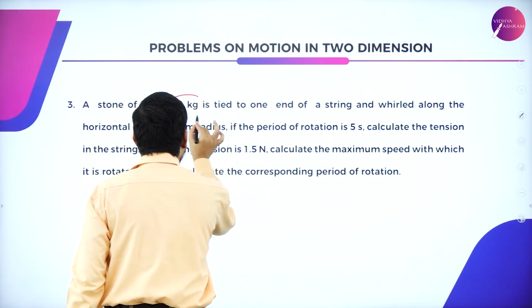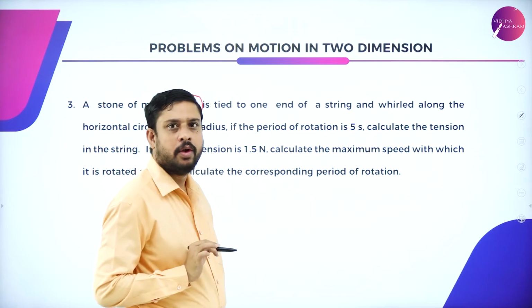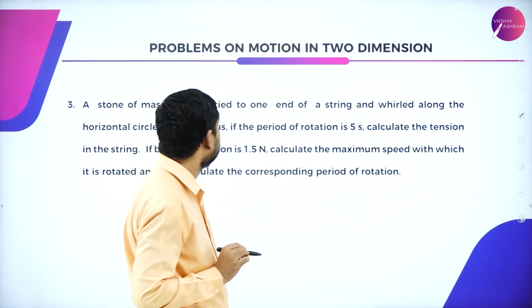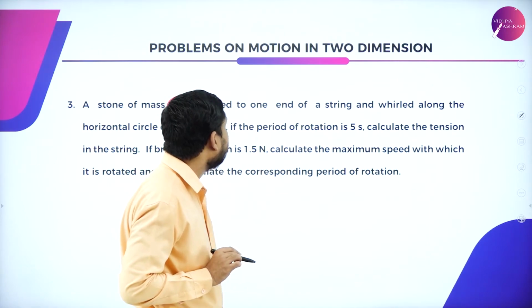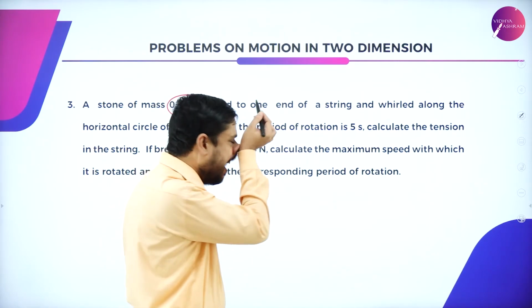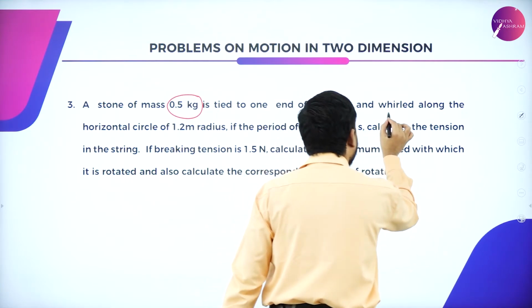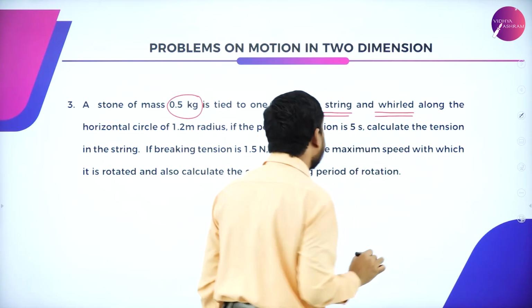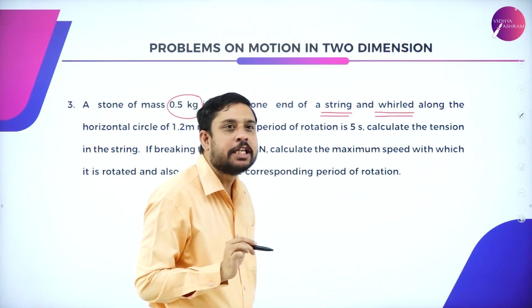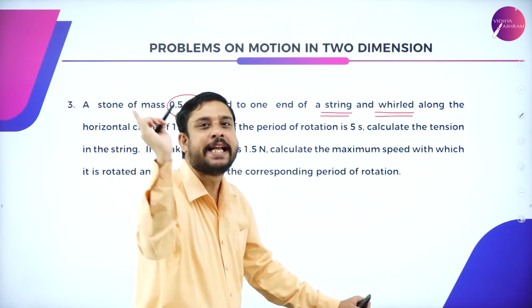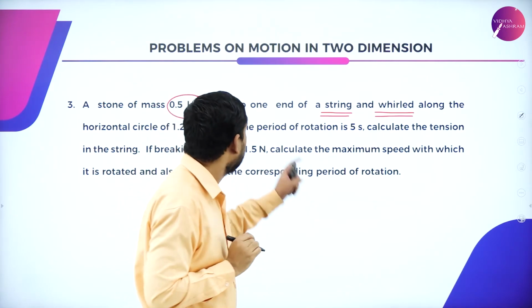A stone of mass 0.5 kg is tied to one end of a string and whirled along a horizontal circle. Whirled means it is rotated.